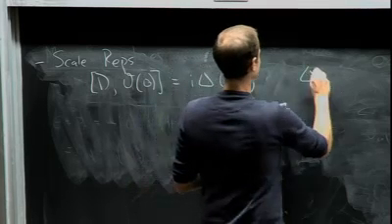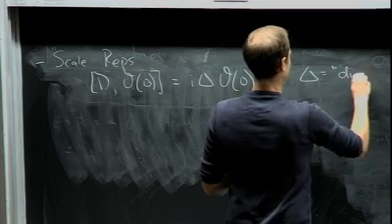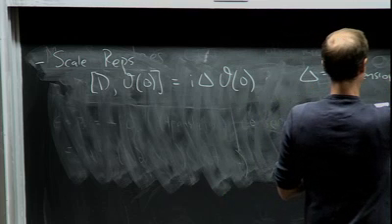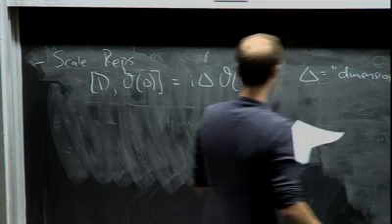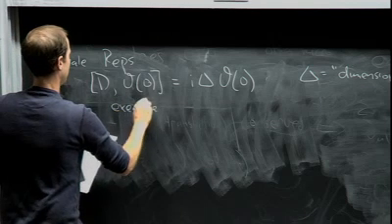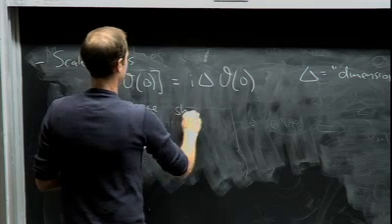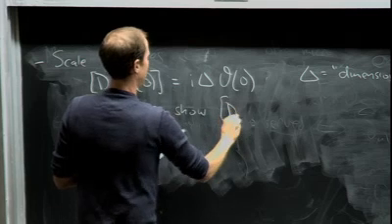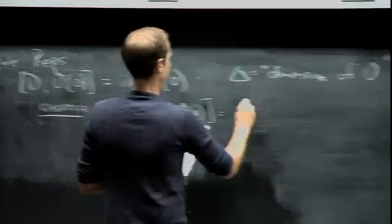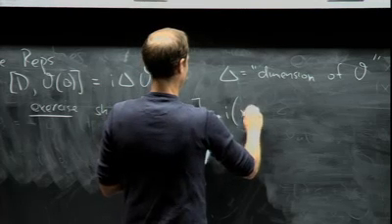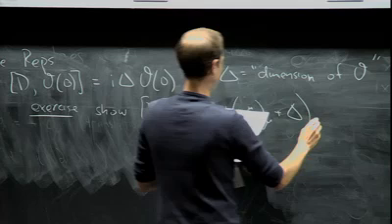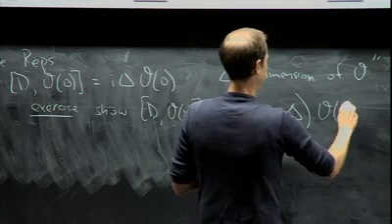As I said before, delta is called the dimension of O. And now, exercise: show that the commutator of D with O at x is equal to this differential operator acting on O of x.